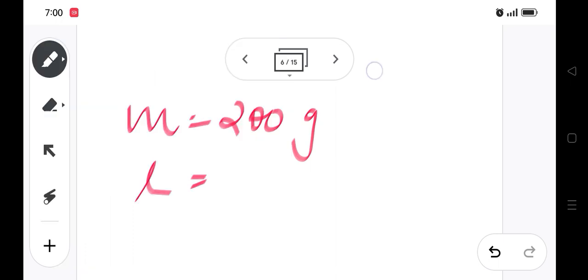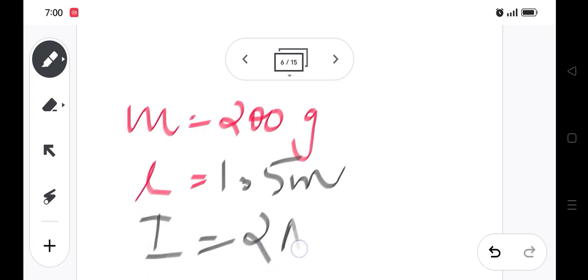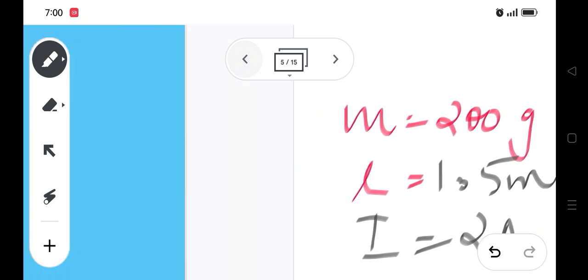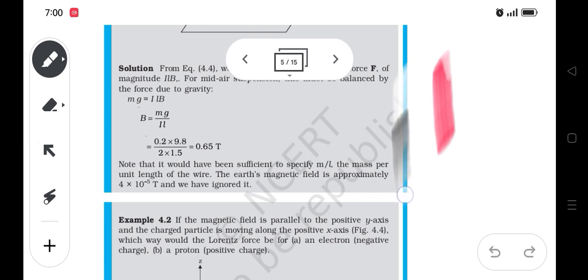It is given that this wire is suspended in air, so we have to find the magnetic field.